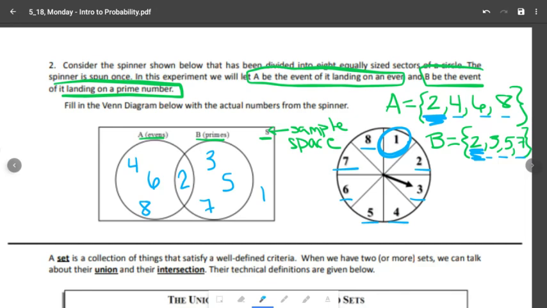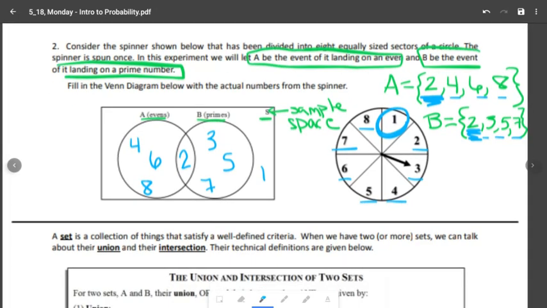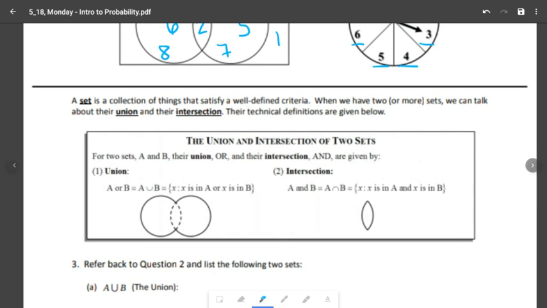I'm going to use this Venn diagram to help us with the next part. So it says a set is a collection of things that satisfy a well-defined criteria. When we have 2 or more sets, we can talk about their union and their intersection. Their technical definitions are given below. For 2 sets A and B, so we had sets A and B above, A was even, B was prime.